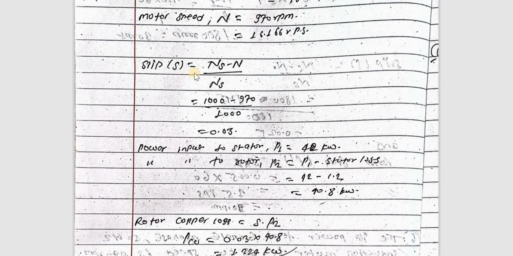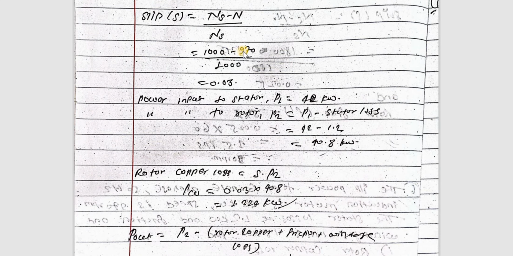And we know slip equal to Ns minus Nr upon Ns, that is 1000 minus 970 upon 1000, 0.03. Power input to the stator P1 equal to 42 kilowatt. So power input to the rotor P2 equal to P1 minus stator loss, that is 42 minus 1.2, that is 40.8 kilowatt.